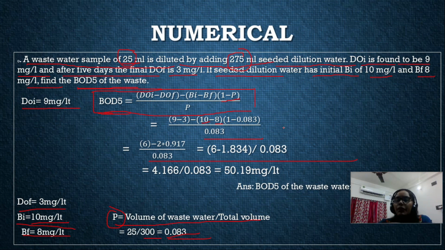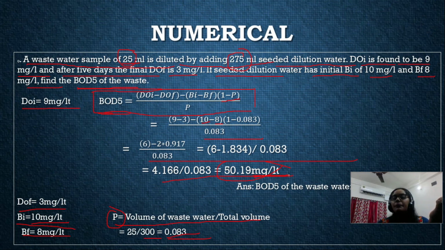In this problem you only have to check which equation you have to use, the simple BOD test equation or the modified BOD test equation. Your answer will be 50.19 milligram per liter. Look at this, this is the unit of the BOD.